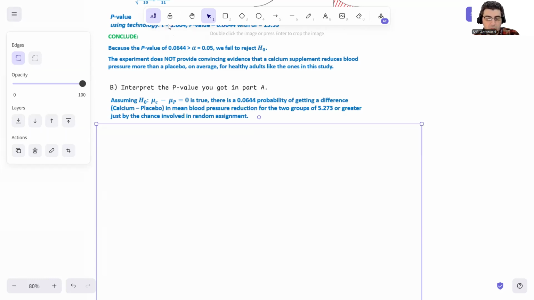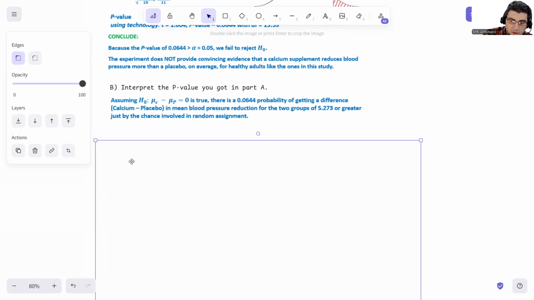So assuming that the mean difference is 0 is true, there's a 0.0644 probability of getting a difference, calcium minus placebo. It's important to specify the direction that you're calculating the difference in mean blood pressure reduction for the two groups of 5.273 or greater just by chance, just by the chance involved in random assignment. Okay, so that's how you would interpret it.